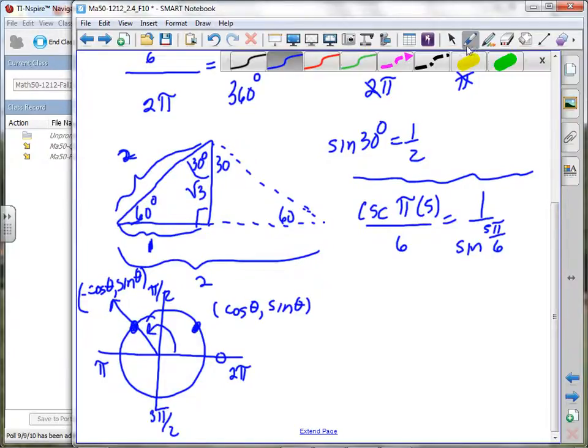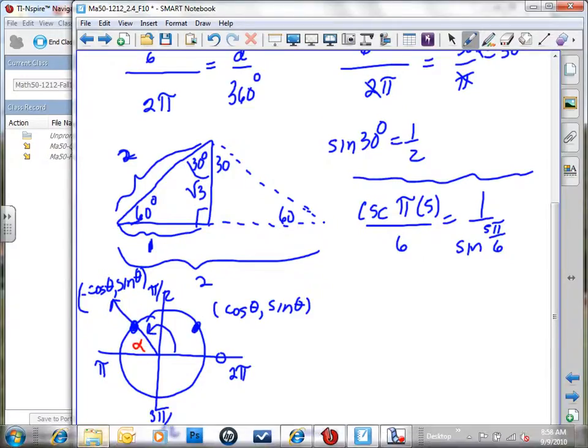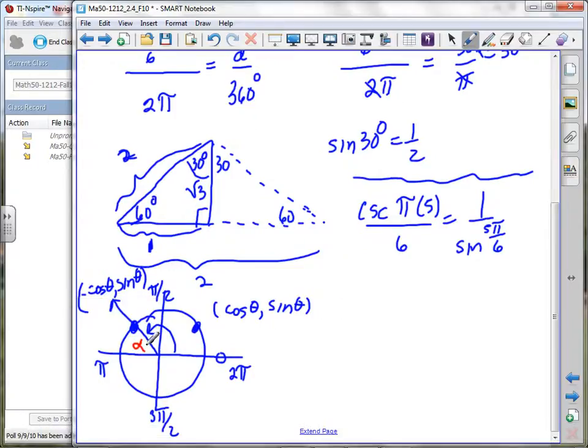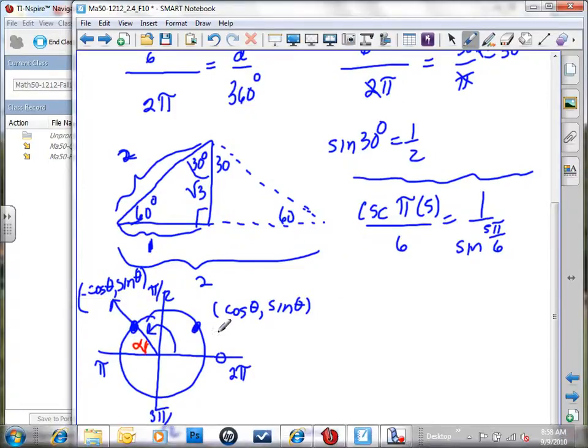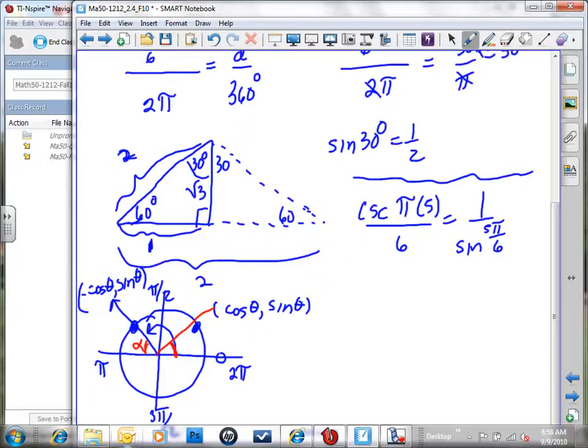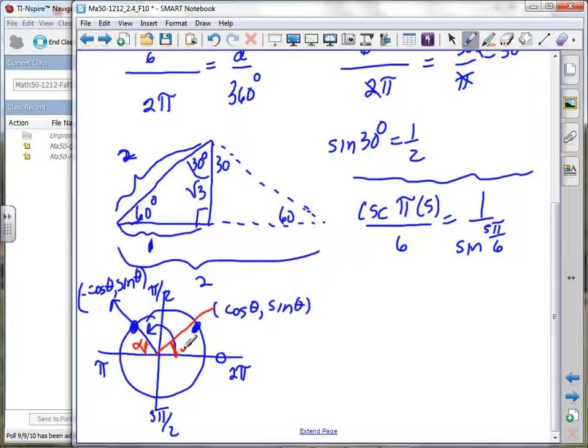So as you recall from your geometry or trig class, we're going to evaluate an angle here called alpha. And alpha is this angle here, which is equivalent to this angle over here. So the reference angle is going to be alpha.